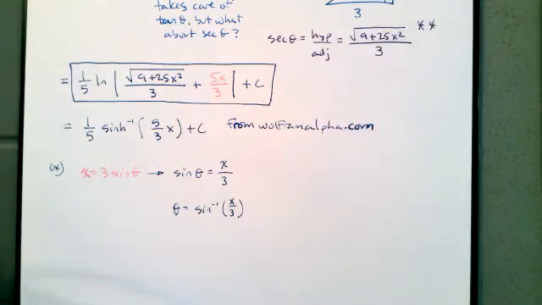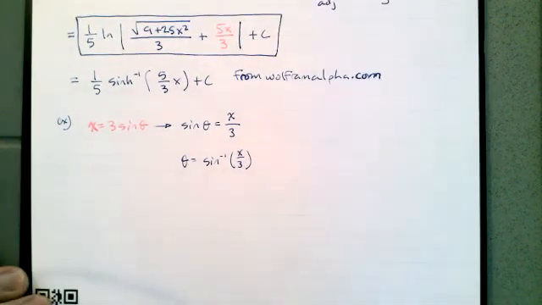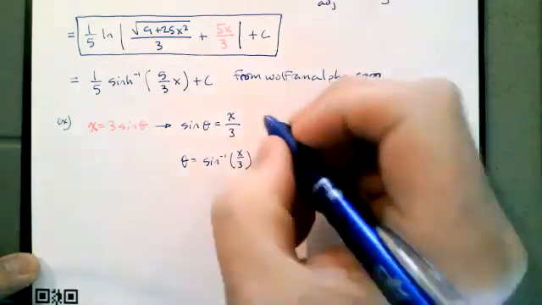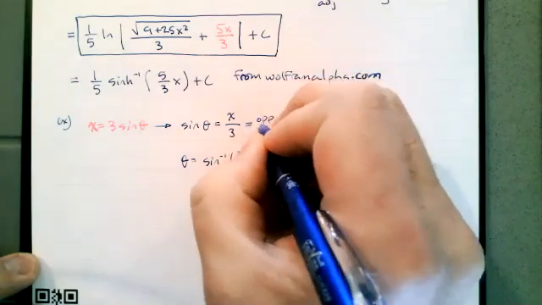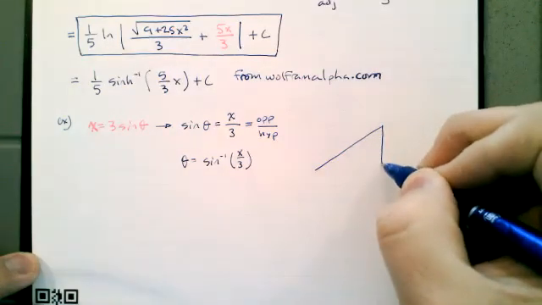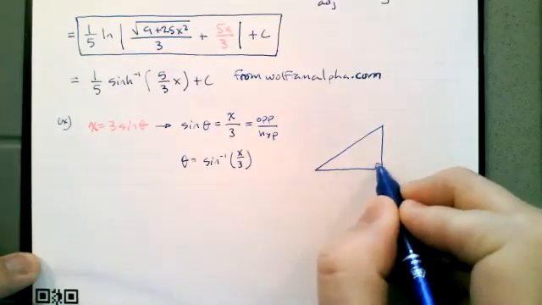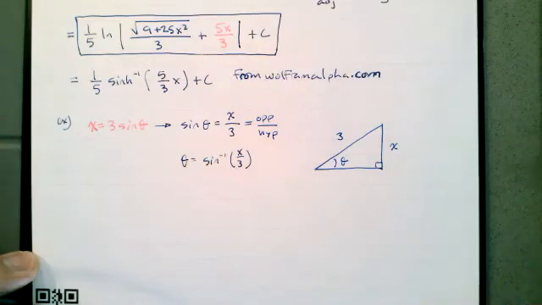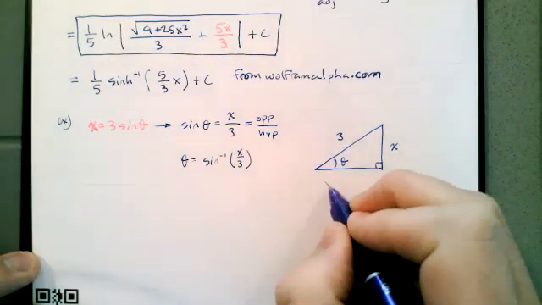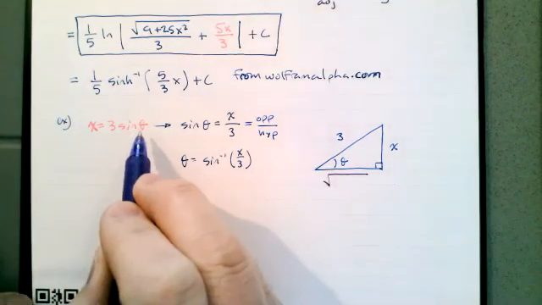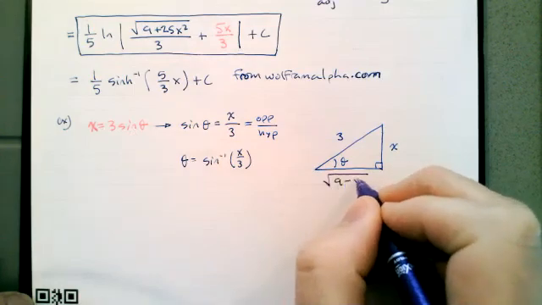If we need cosine, which is something that could show up with sine, we're going to be integrating even powers of cosine, so some cosines might show up. That's when we read x over 3 as opposite over hypotenuse. Draw ourselves a right triangle with theta. x is the opposite, 3 is the hypotenuse, and then solve for the adjacent side, which is going to be the radical that told us to do this trigonometric substitution in the first place, the square root of 9 minus x squared.